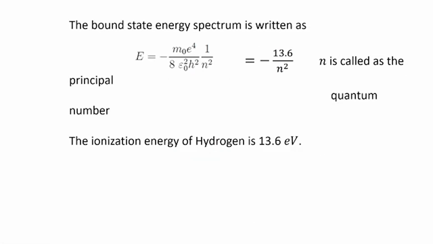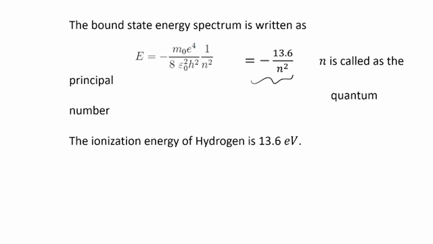And what about the bound state energy spectrum? The bound state energy spectrum is given by minus m0 e to the power 4. We were writing it E0, but it is just the electronic charge, and then 8 epsilon 0 square h square by 1 by n square, and that is equal to minus 13.6 by n square, and n is called the principal quantum number. Okay.